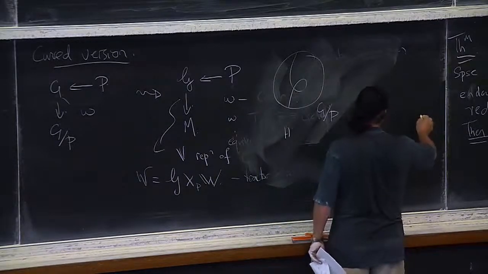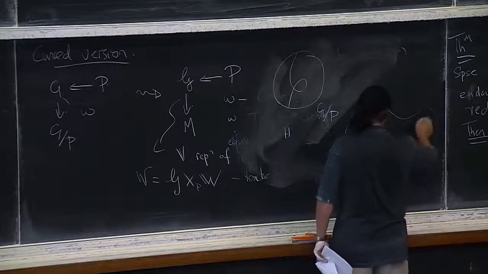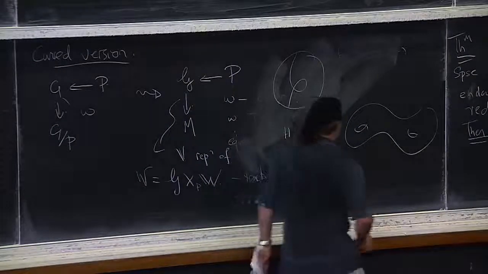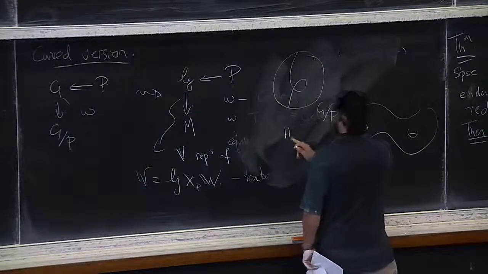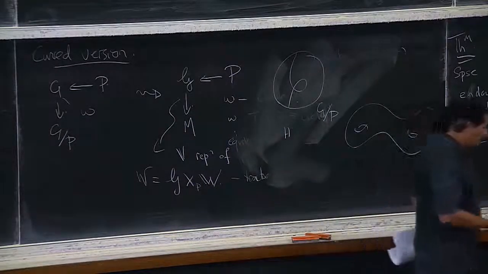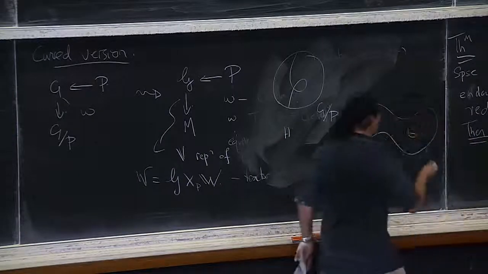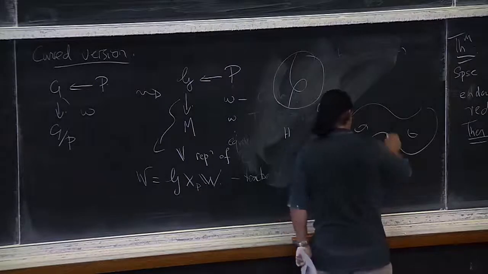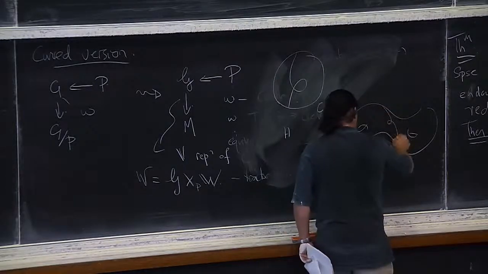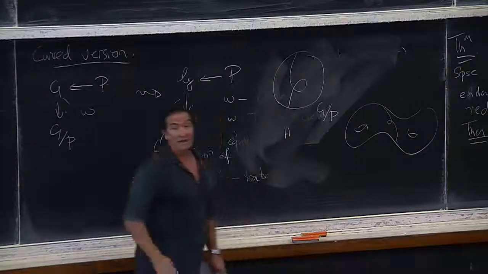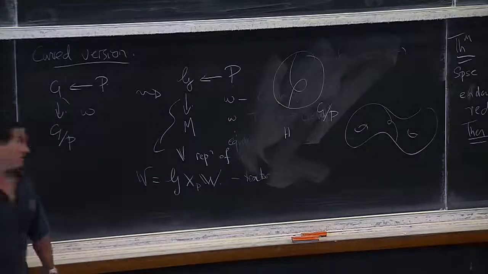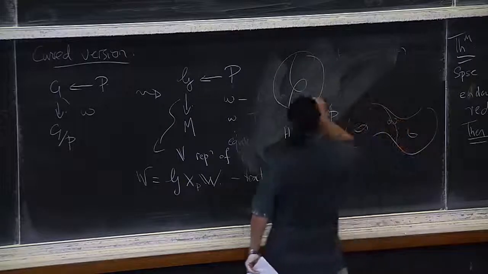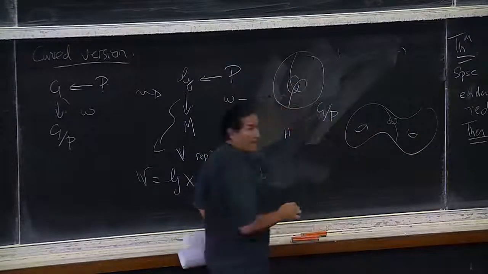When you do a curved case, if it has a Cartan geometry modeled on G mod P, and then you ask for a holonomy reduction where the holonomy group is that same group, and I haven't said to you completely how to make sense of that, but there is a way, then you get a corresponding decomposition in the curved case. And locally, about any point, it has to look like that in the model.